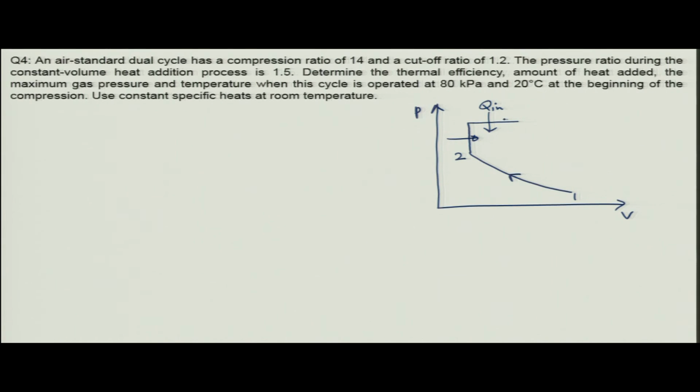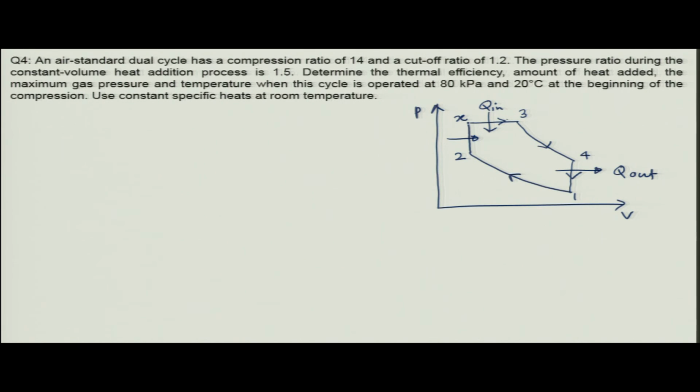Let us say that the final state is 3 after heat addition, and from 3 it will go to 4. So, 3 to 4 is an isentropic expansion, and 4 to 1 is a constant volume heat rejection Q out. So, in the dual cycle you see that the heat is added both at constant pressure and constant volume. Let us say I will denote this point as x.